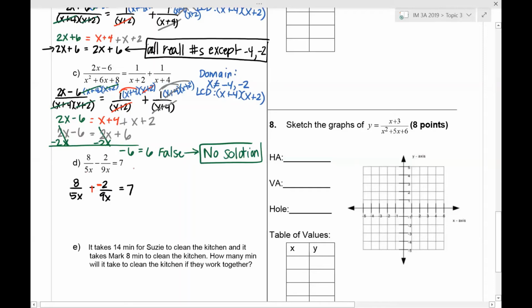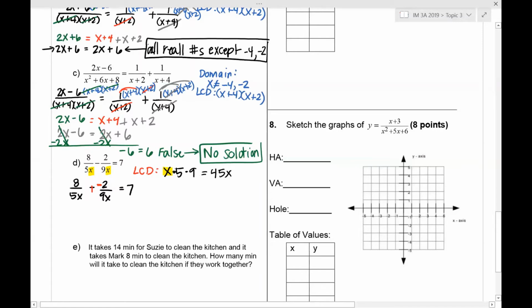So if I look at my denominators, my least common denominator, since they both have an x, is going to involve that x times, this is 5 times x, so x times 5, and 9 times x. So that means that my least common denominator is going to be 45x.